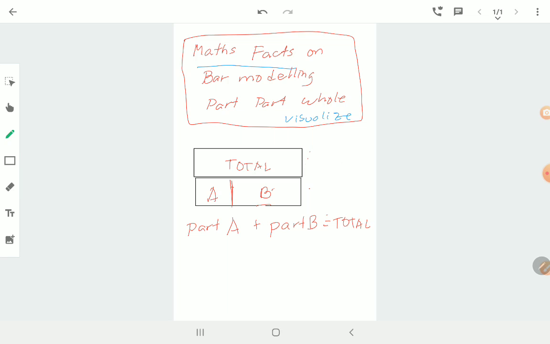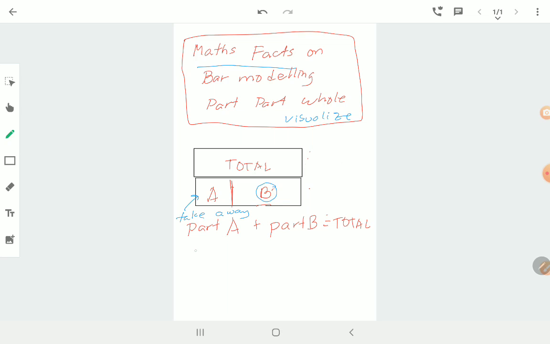What is the second? Suppose that the B is unknown. Suppose that you are looking for B. Okay? How will you get B from the total and A? Well, for me to be able to get my B, I have my total, and I'll take away this one.